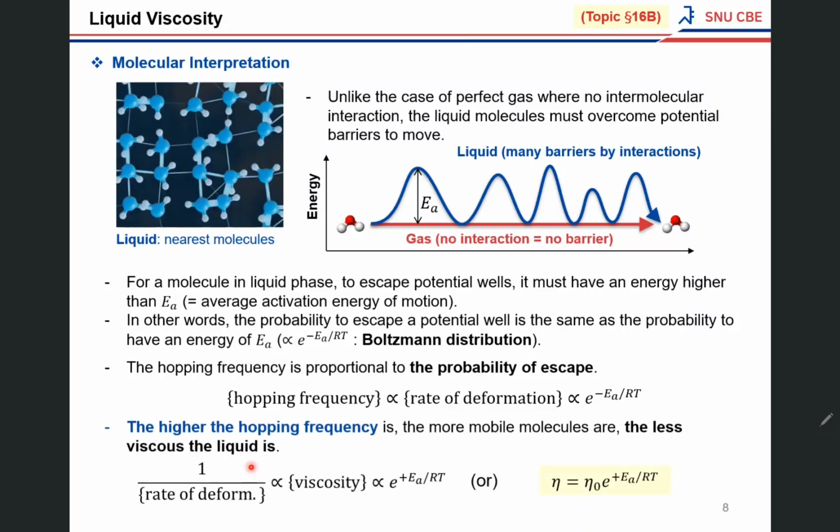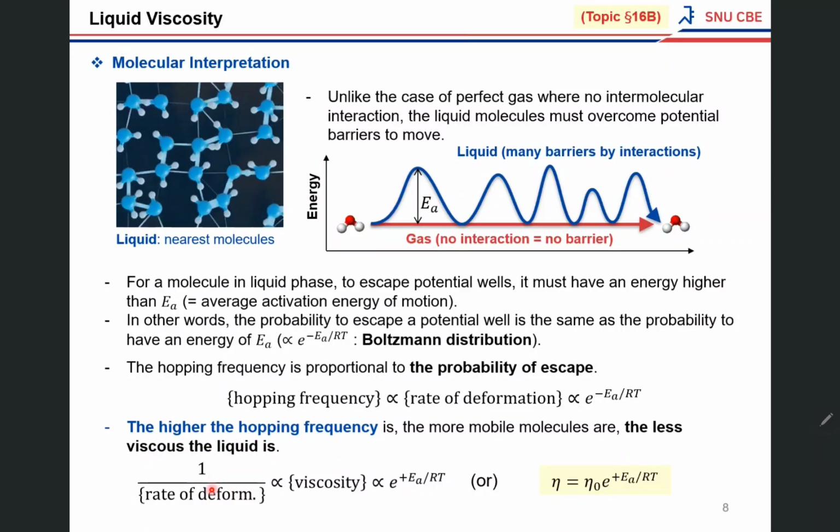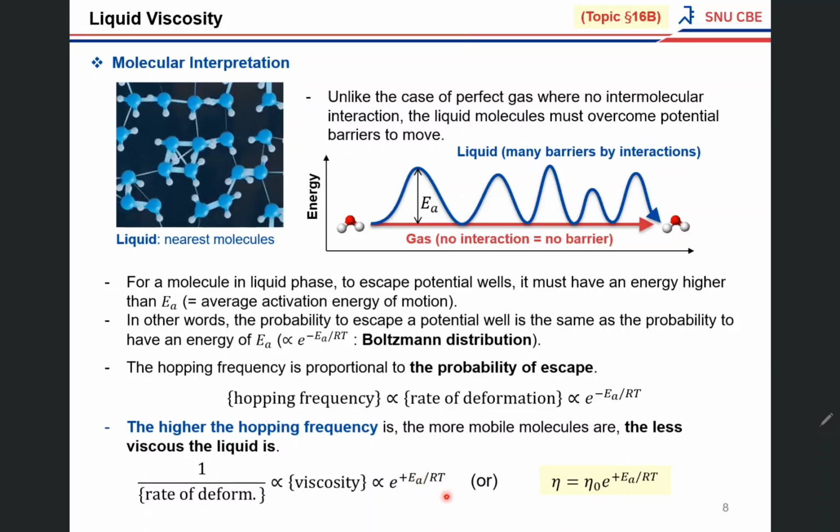The higher the hopping frequency is, the more mobile the molecules are, which means there should be less viscosity in the liquid. So 1 over the rate of deformation should be inversely proportional to the viscosity according to Newton's law of viscosity, and it should be proportional to the exponential of plus EA over RT.